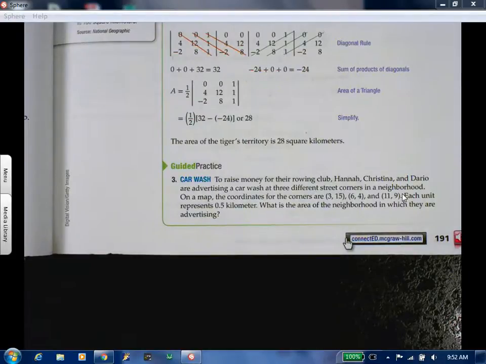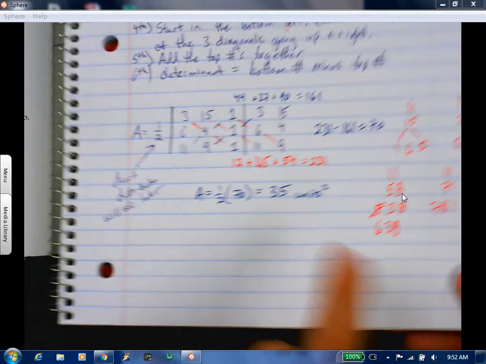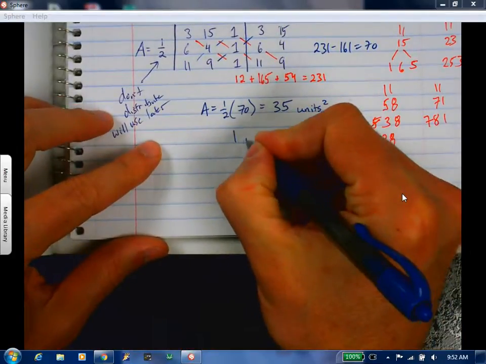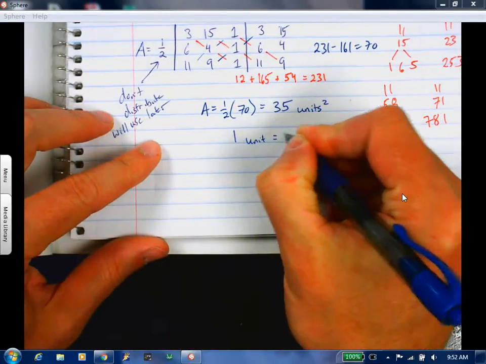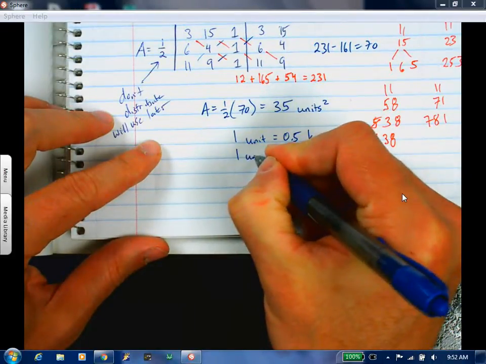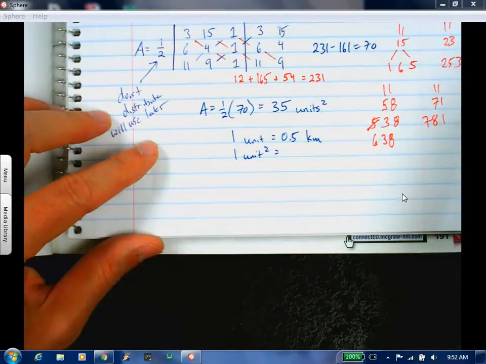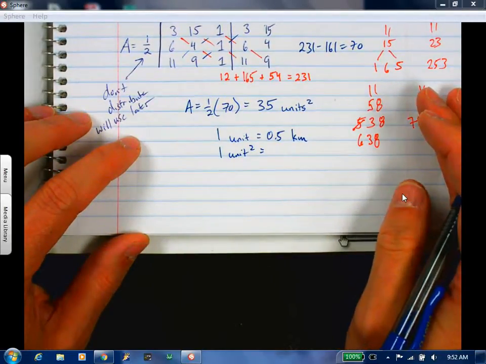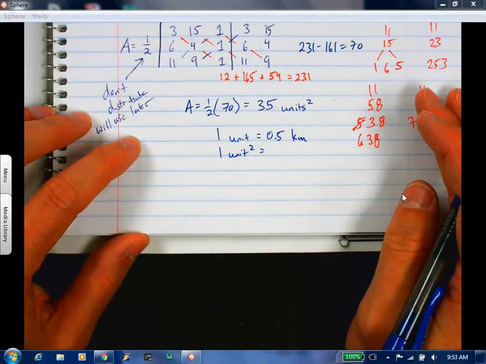And this is square units. So if 1 unit equals a half of kilometer, what does 1 unit squared going to equal? Half a kilometer squared, what's 1/2 times 1/2? You said 1/4.